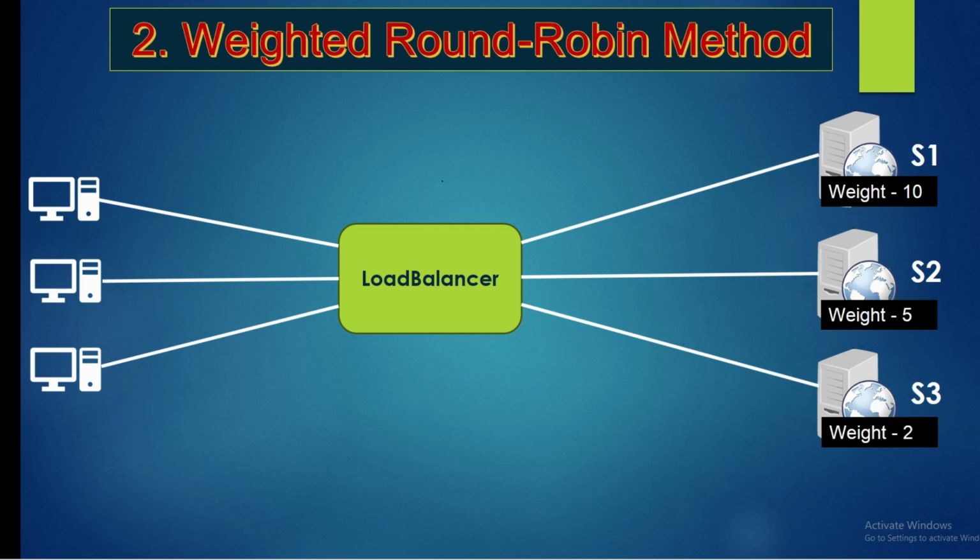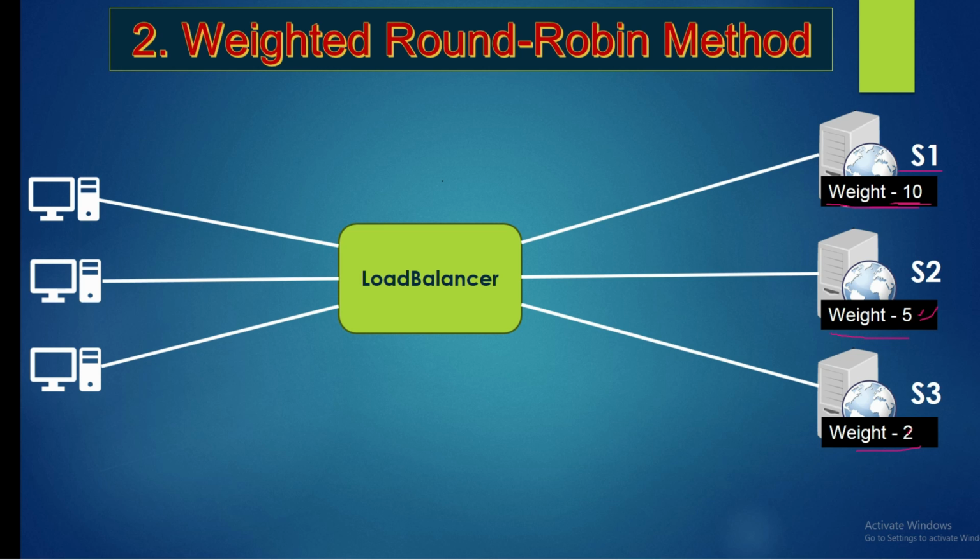So friends, you can see the second is the weighted round robin method. In this method, the administrator assigns a weight to the server based on capacity. If this server's weight is high, it means this server can handle more connections compared to others, and more active connections compared to this server.